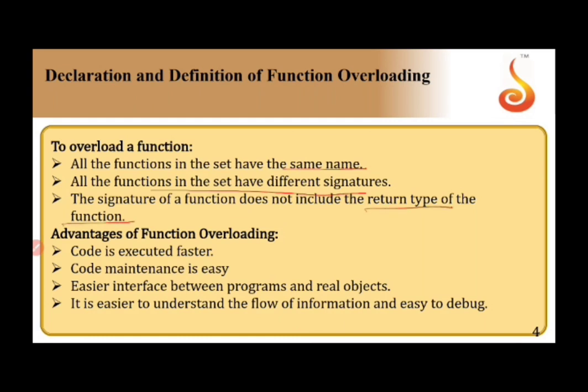The function declaration will have the return type, name of the function and the argument list, whereas the function signature would just be the name of the function and the argument list. So if the function signature is different, then only you can overload it.